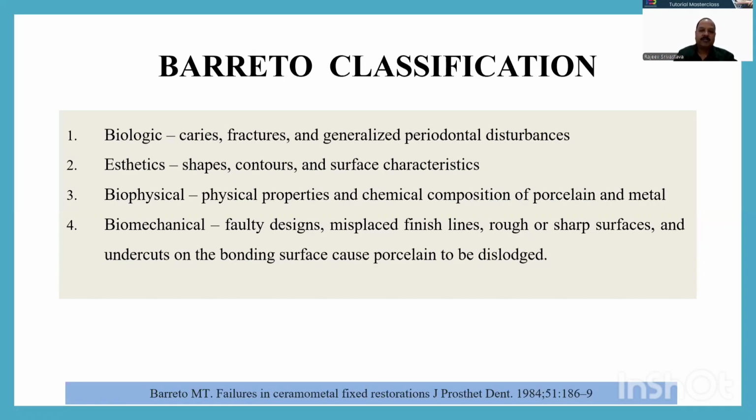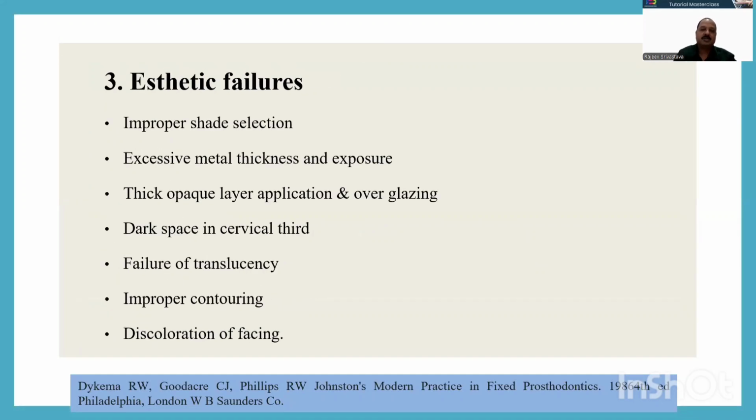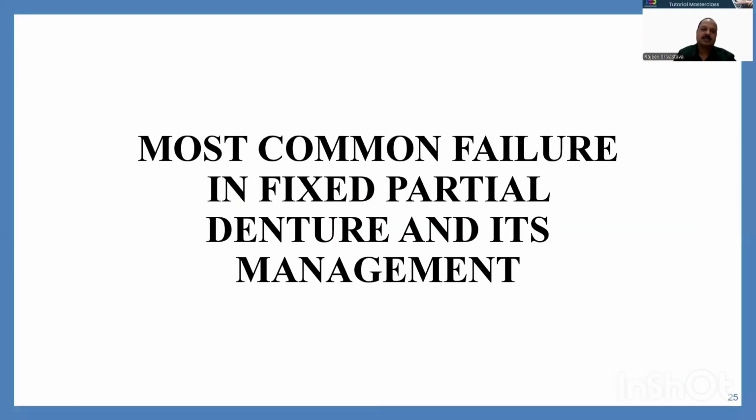So this is a different way of classifying the defects. Then John F. Johnson classified it in 1986: again biological failures, mechanical failures, aesthetic failures.